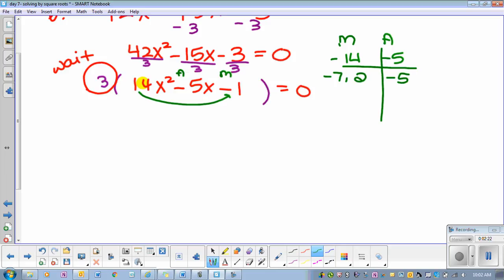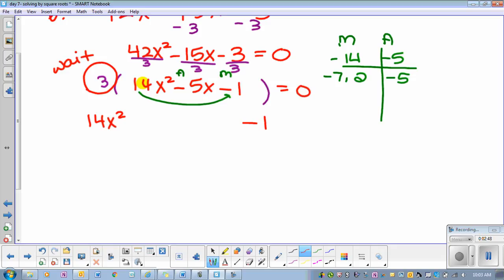So here's where a lot of people made mistakes on the factoring test. When you do it this way, you got to bring it in to replace it. You've got to bring down the first, and you've got to bring down the last from your original expression. So your first is 14x squared, and then your last is minus 1.